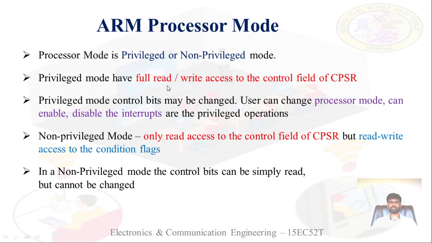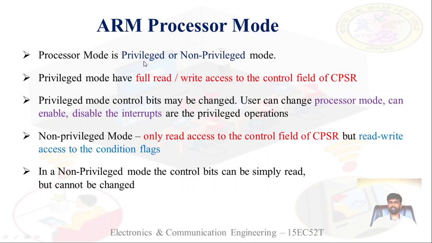ARM processor modes. As you know, we have 7 different processor modes available in the ARM. Based on the read-write access of the CPSR, we can categorize these 7 modes into 2 different types.